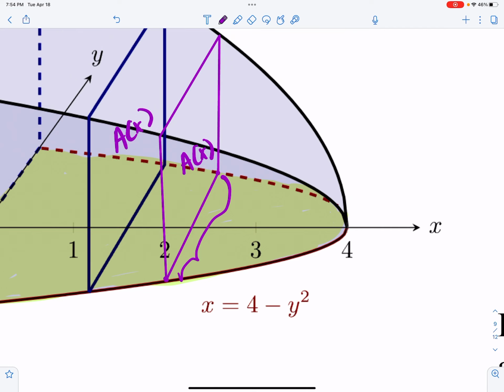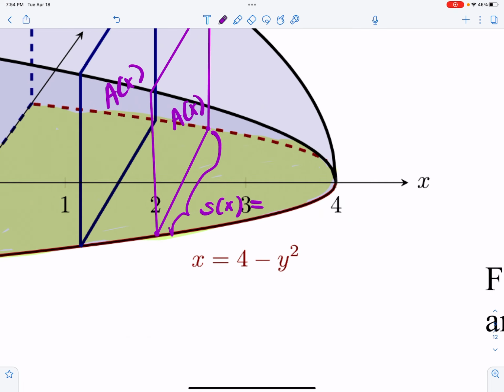So we can come up with a mathematical statement to represent the width of each of these squares, the base of each of these squares. So we could say that s of x is equal to, well, we want the width to be in terms of x.